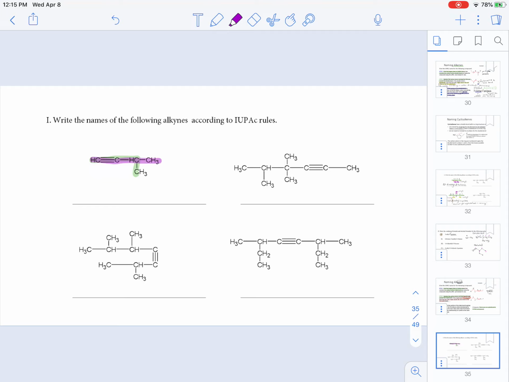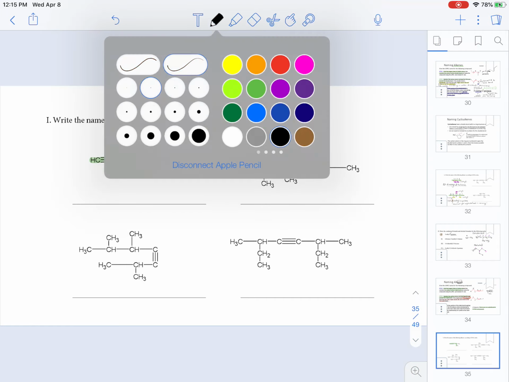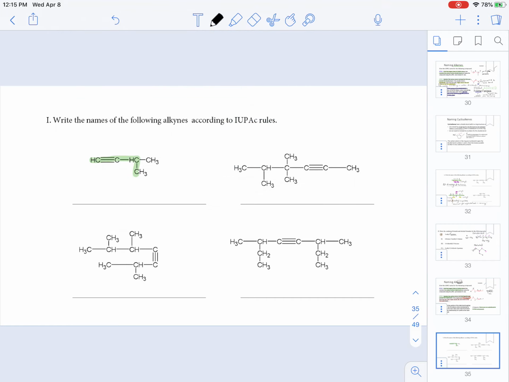Either way, you will get the same answer. So let me just illustrate it with the highlighted atoms that I did at first. So when it comes to this, my longest carbon chain is going to be 1, 2, 3, 4, because remember that I have to give the priority to the carbon-carbon triple bond. So I have 4 carbons.